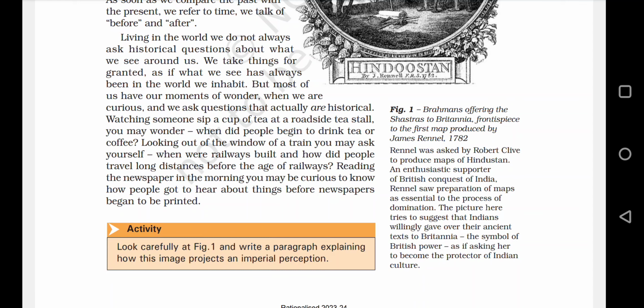So it's very important to understand each and every date, because when some picture with a date is given in this book, it means that it is important for you. It is going to help you to understand the chapter.